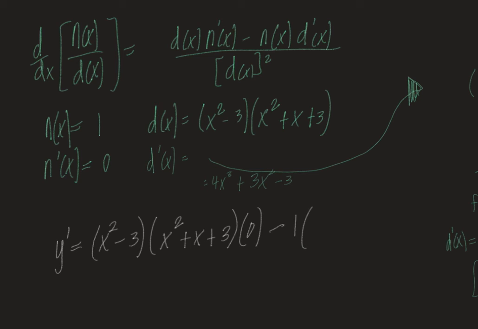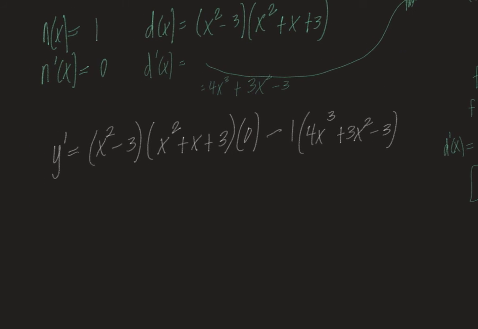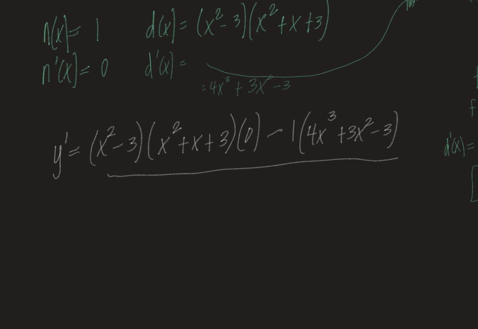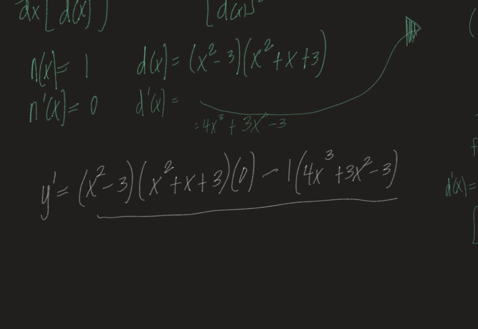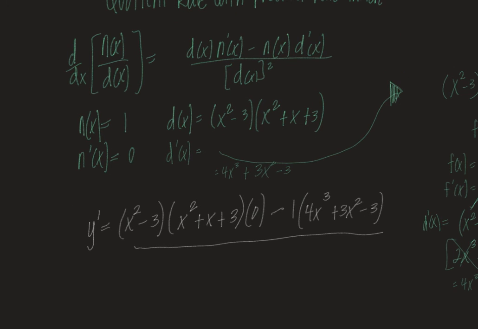Okay, so 4x cubed plus 3x squared minus 3. All over the denominator squared. And I'm getting the denominator squared from the rule right here, and the denominator is right here.